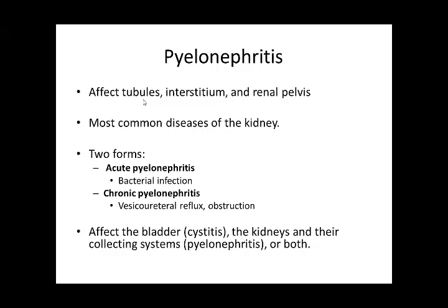Vesicoureteral reflux is because of abnormal valves in the ureter. When the bladder gets infected, it is called cystitis. Infection of the bladder is cystitis. Infection of the kidney and their collecting system is pyelonephritis, right?